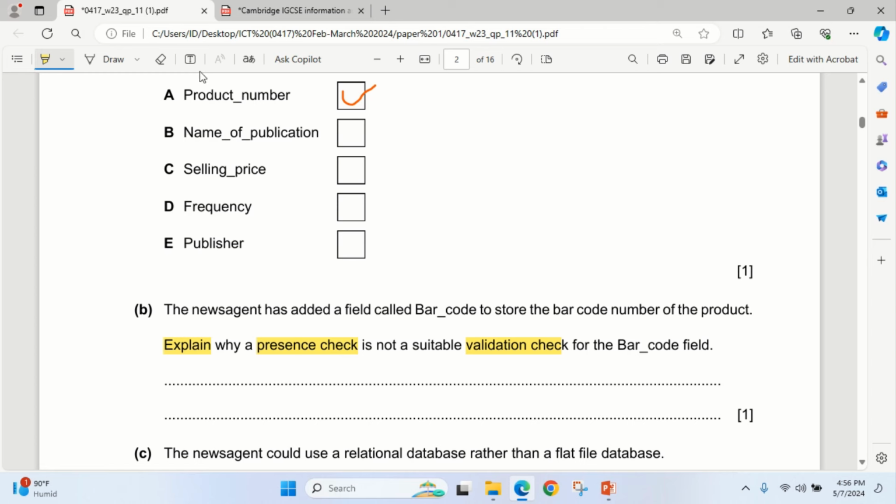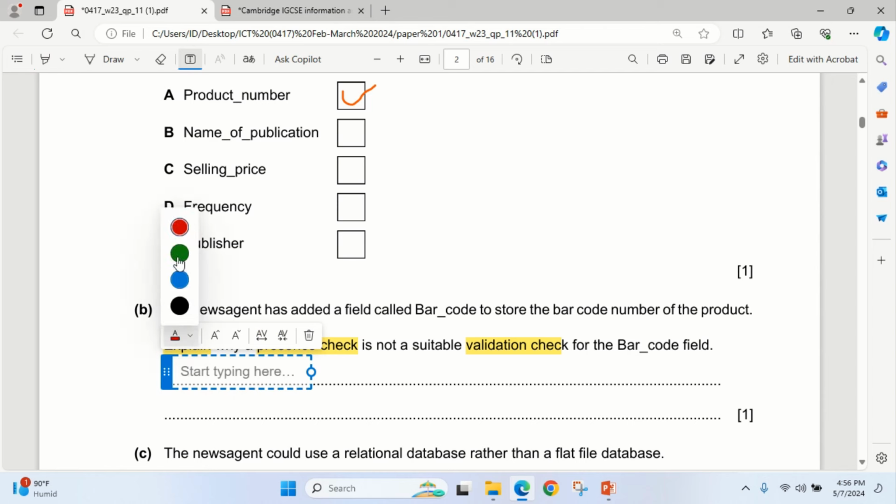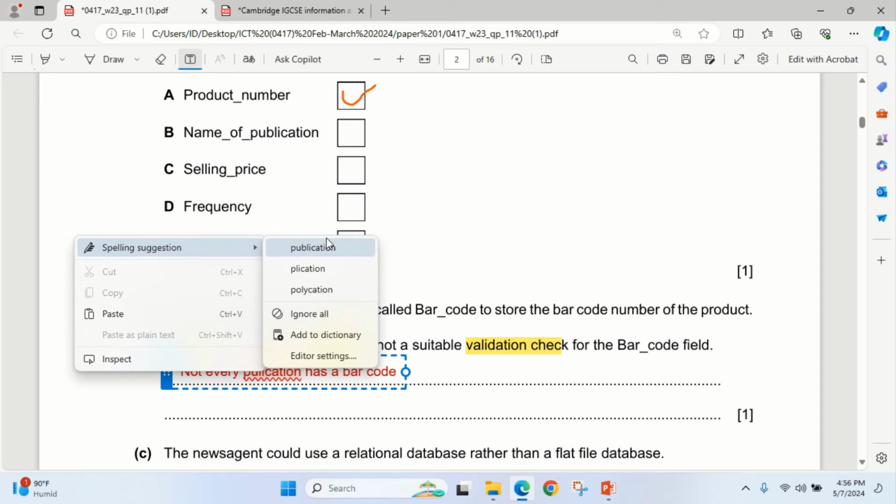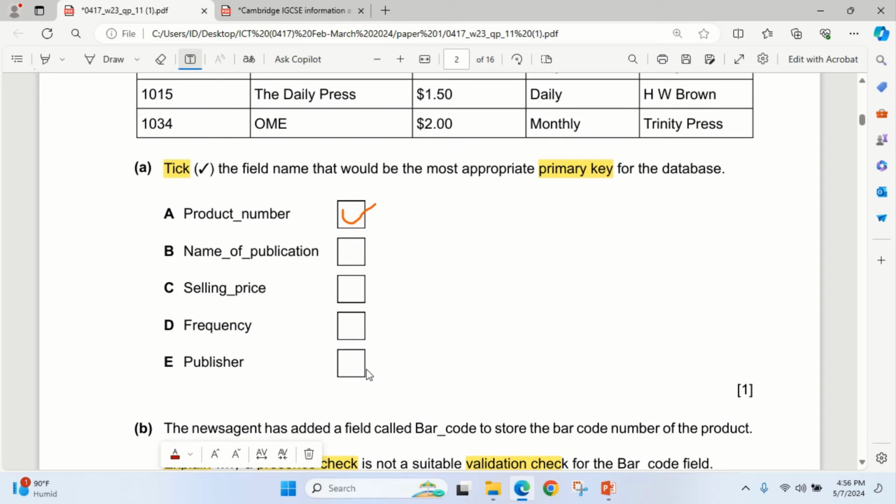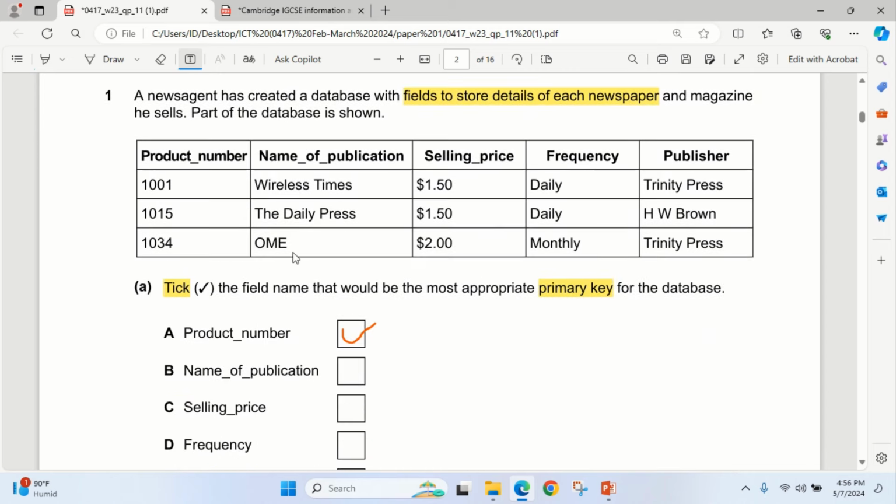The reason is so simple, and it is because not every publication has a barcode. You ask me, how did I come about this? Not every publication has a barcode, because it is possible that some publications may not have the barcode.